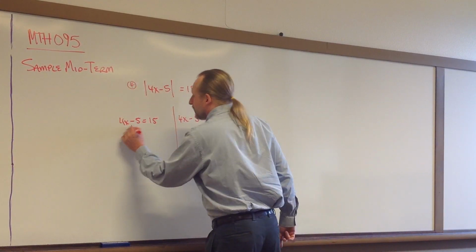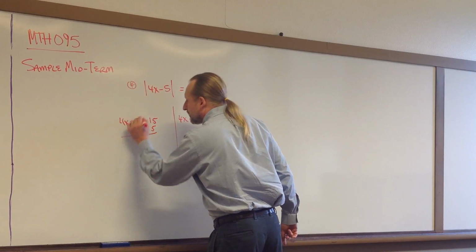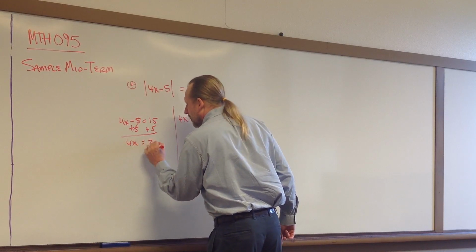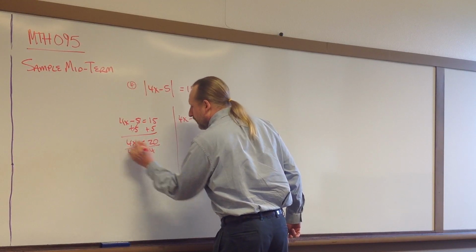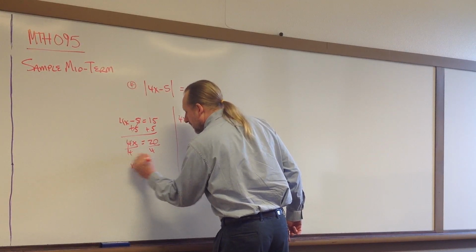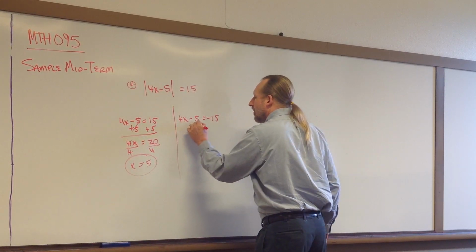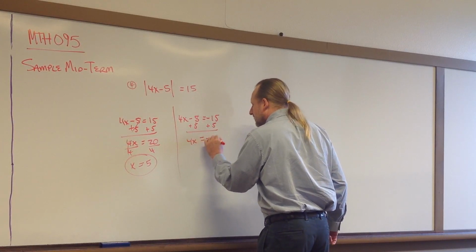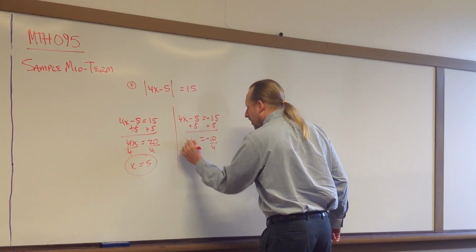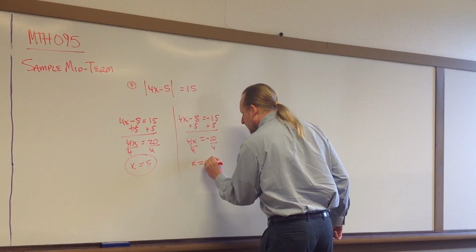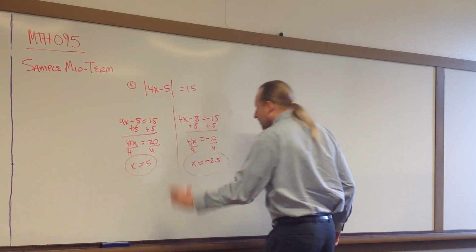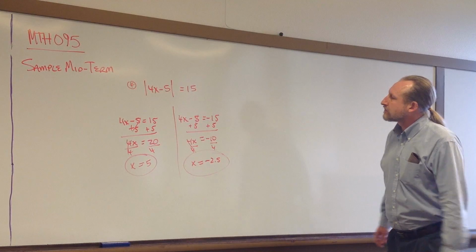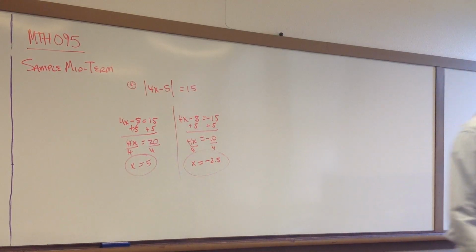Okay, well now that that's done, we just need to solve these two equations. 4x equals 20, x equals 5. Great. Over here, 4x is negative 20, and so x is negative 5. Okay, so that's problem 4.